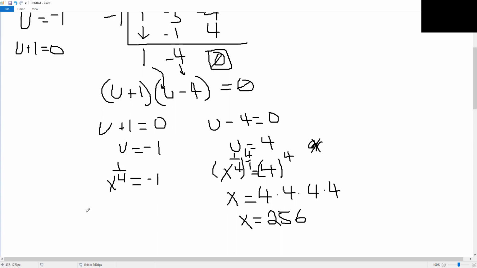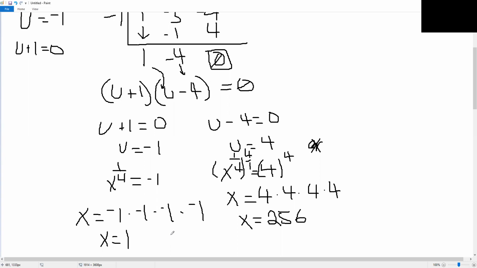This side is basically just x equals negative 1 times negative 1 times negative 1 times negative 1. Negative 1 times negative 1 is 1, times negative 1 is negative 1, and then negative 1 times negative 1 is just, well, 1. Playing with negatives. That's so fun.